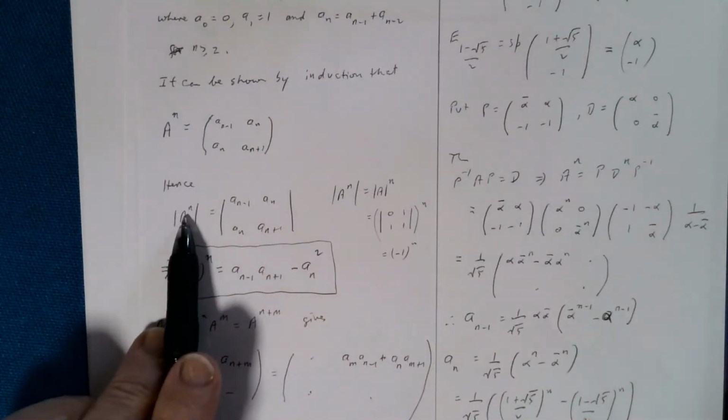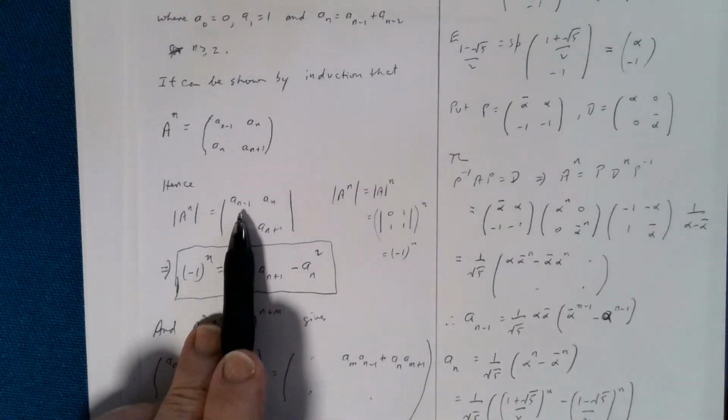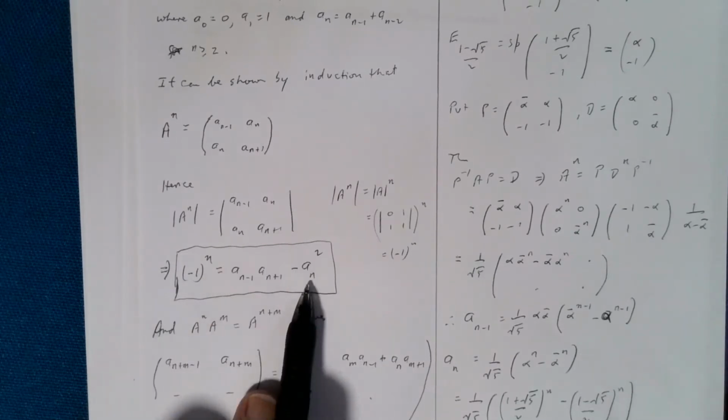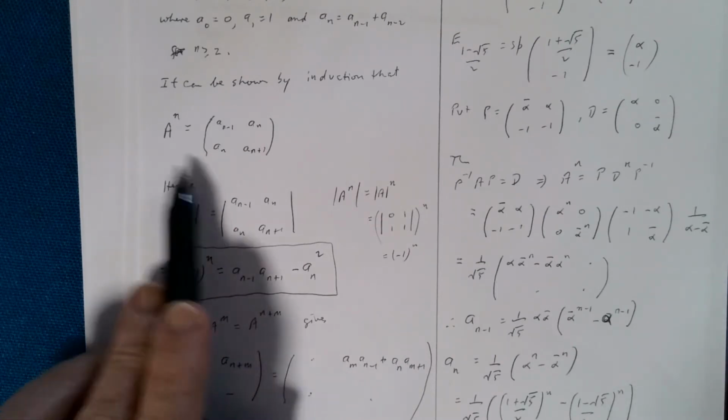So the determinant on this side is (-1)^n, and the determinant here is a_{n-1} times a_{n+1} minus a_n squared. And this is a well-known identity that falls out beautifully, immediately, just taking the determinant of this matrix here.